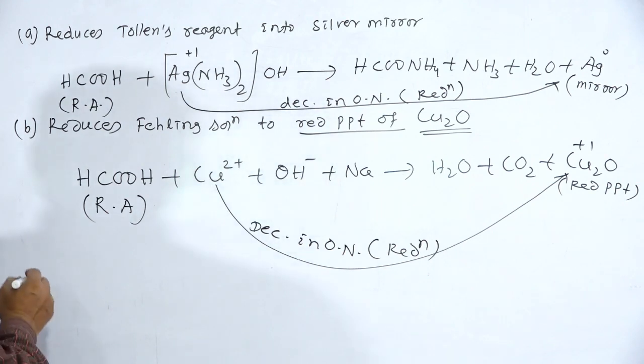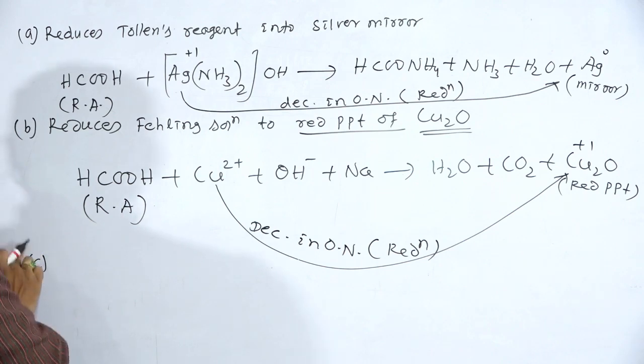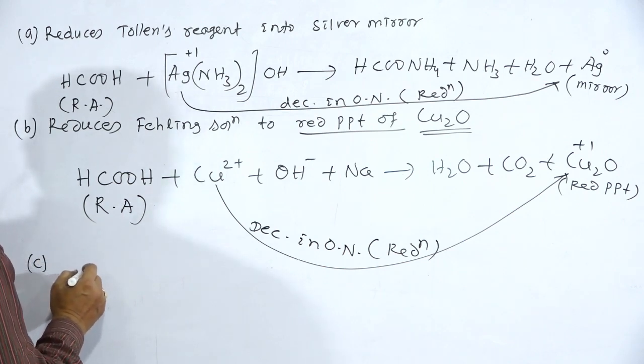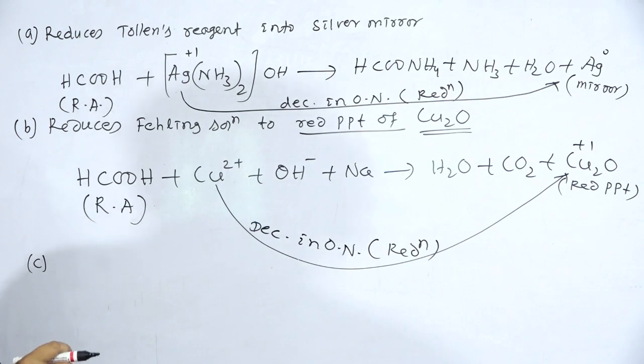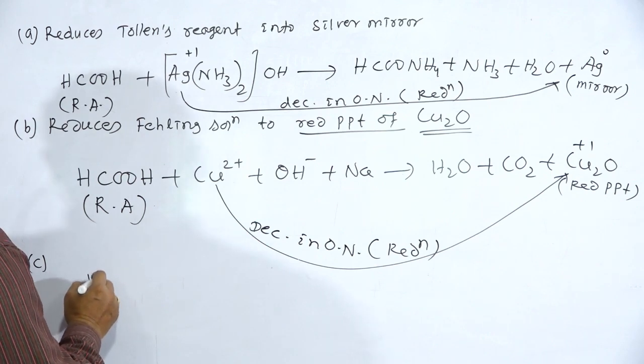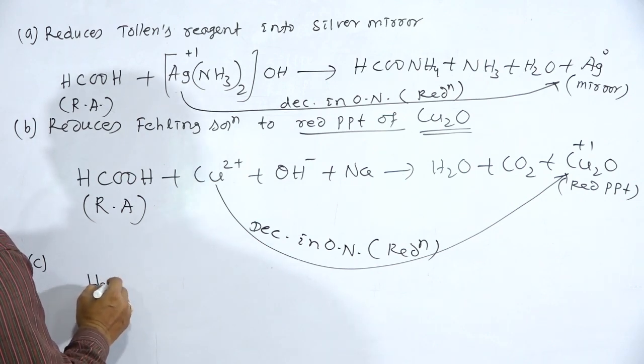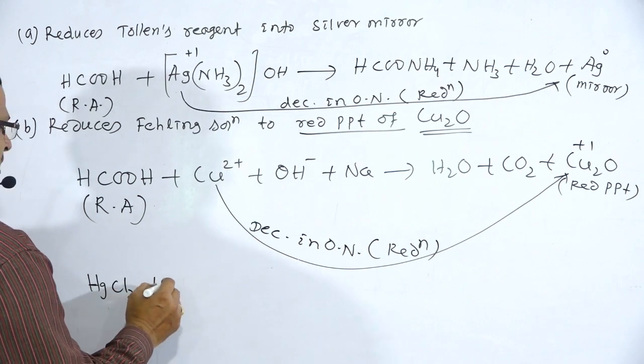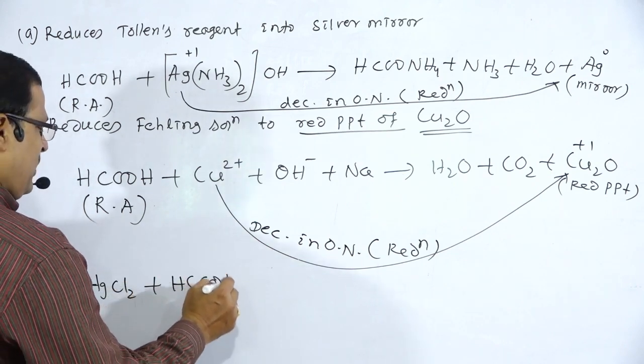In the same manner, it changes mercuric chloride to mercurous chloride, a white precipitate of mercurous chloride. Mercuric chloride, HgCl2, plus HCOOH.